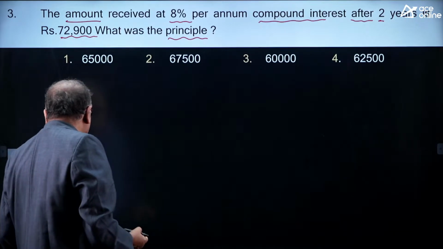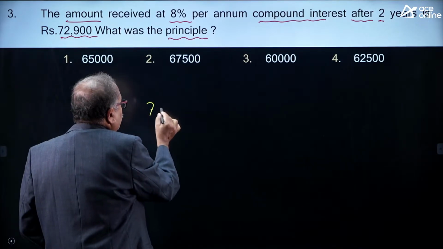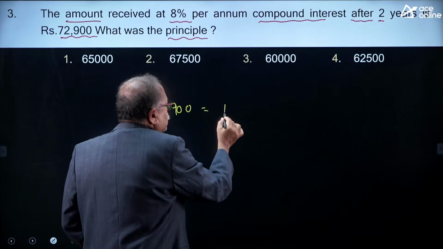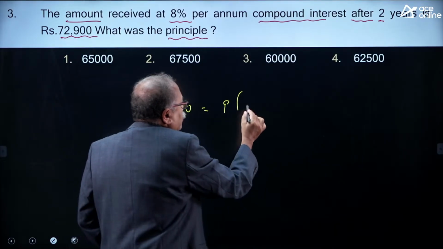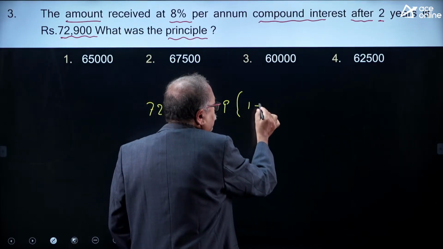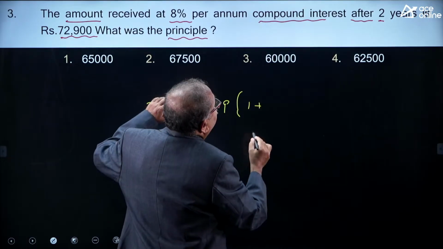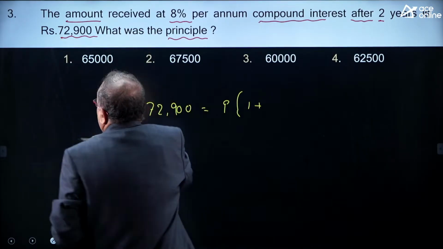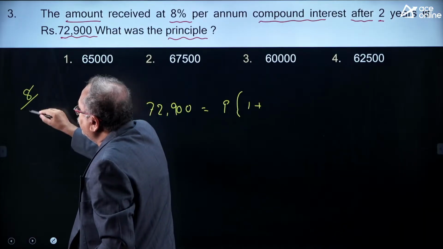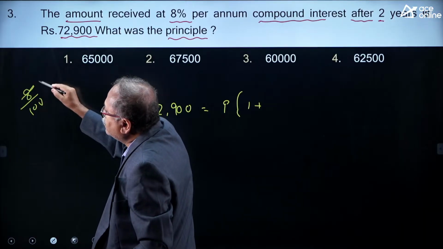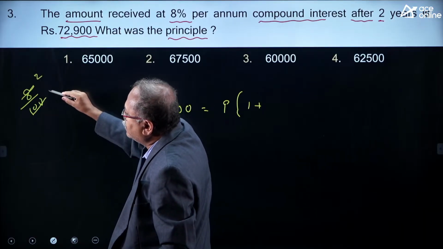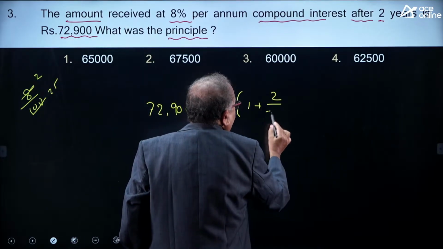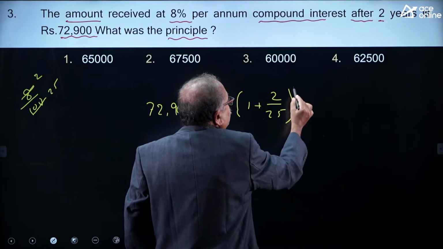That means already given to us is 72,900, which is equal to P into 1 plus what percentage interest? 8%. So what comes 8 by 100? That is nothing but with 4 this is 2 times, and with 4 this is 25 times. So that is 2 by 25 for how many years? 2 years.